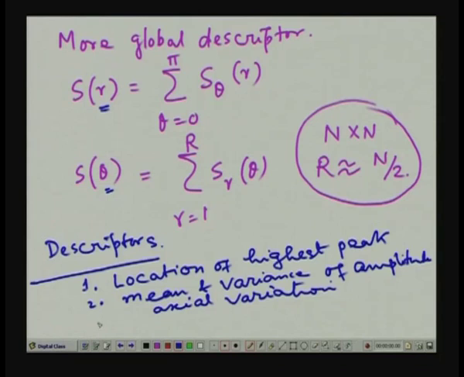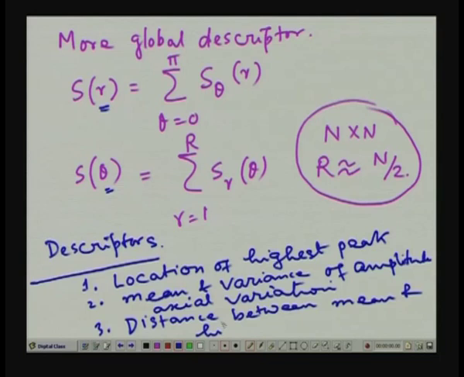And we can also have the distance between the mean and the highest value of the function.